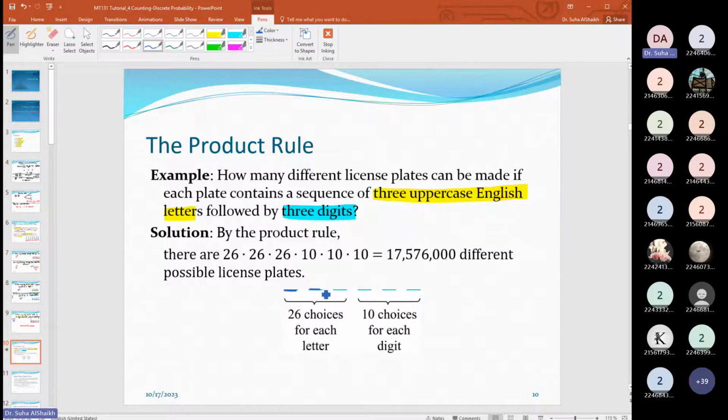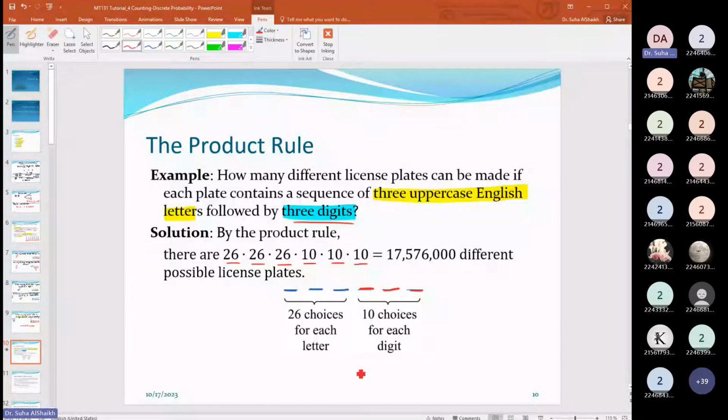The first 3 places will have uppercase English letters, so 26 for each one of them, followed by 3 places that have 10 options for each. So this will be 26, 26, 26, 10, 10 and 10.